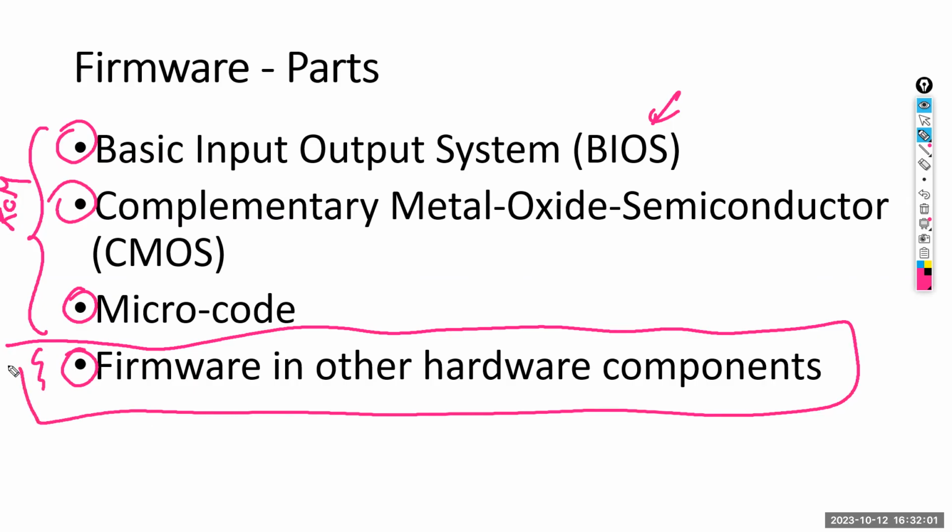When you buy a network card, don't think that you have only the hardware. It has a small chip, and inside that there are some drivers. That is the firmware for your network card. But this is your main firmware, the firmware in the ROM, read-only memory. We will look at read-only memory in a little more detail later.